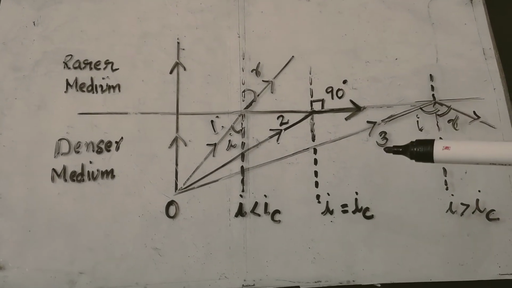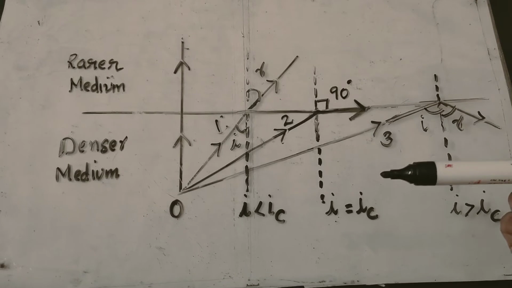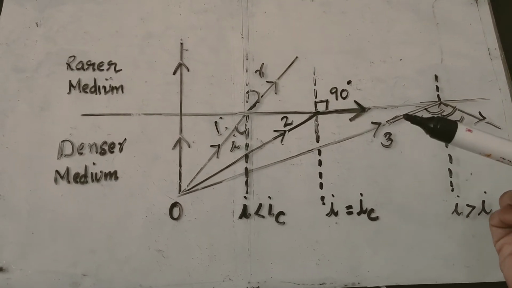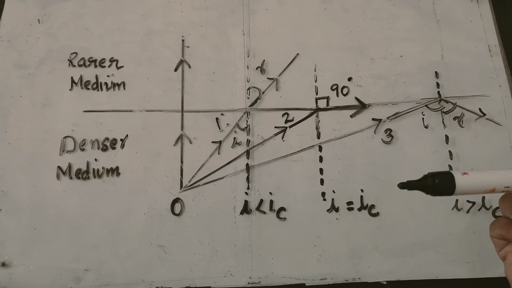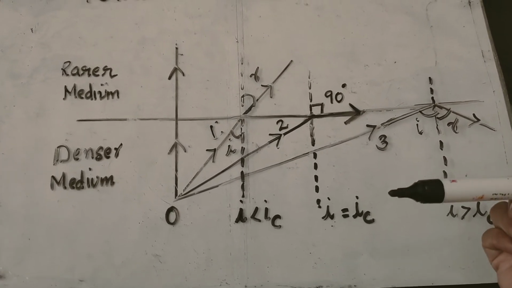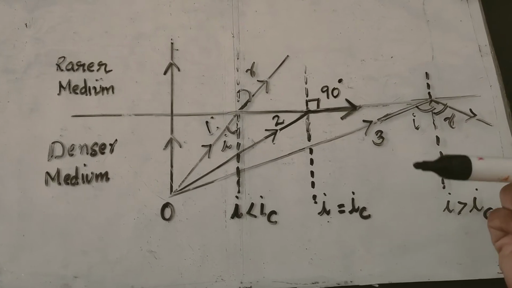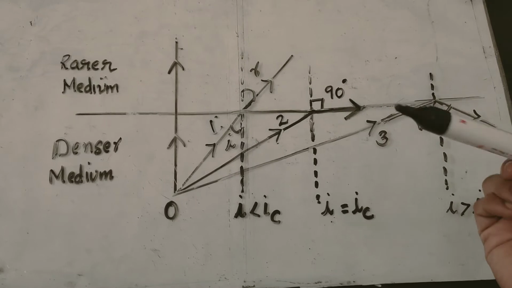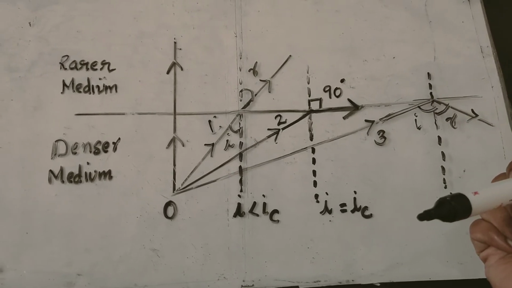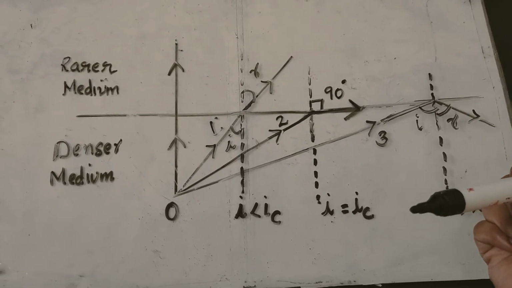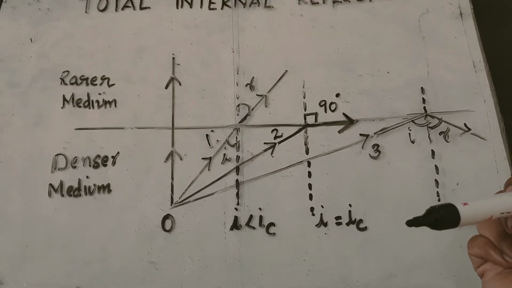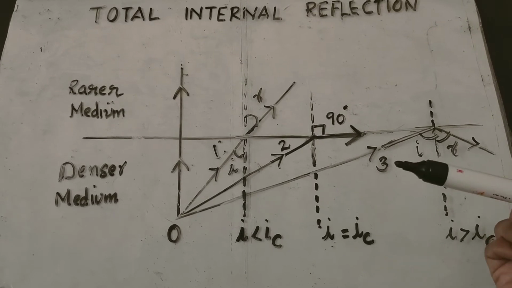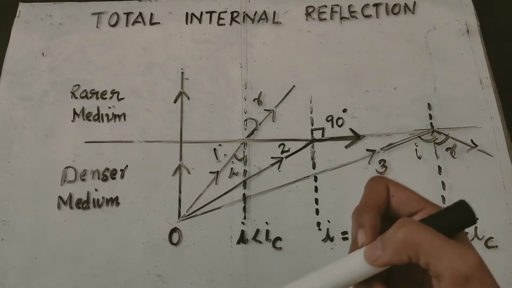Only under certain conditions can the whole of the incident light be made to be reflected back into the denser medium. This phenomenon is known as total internal reflection. Complete incident light is reflected back into the denser medium. Now let us discuss the conditions under which this phenomenon takes place.